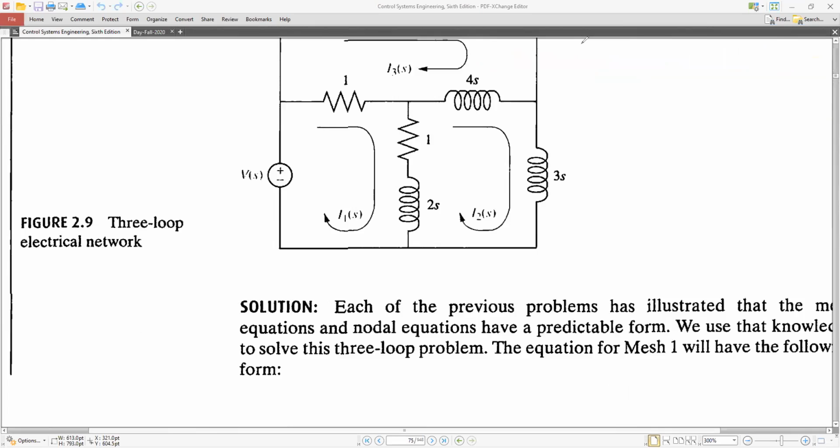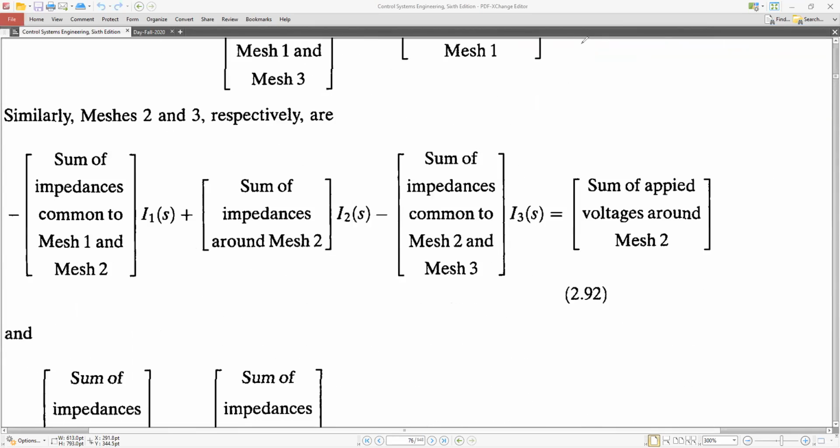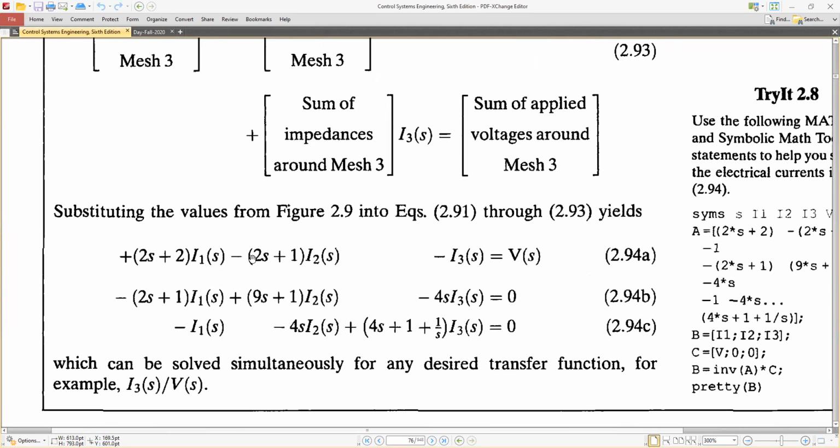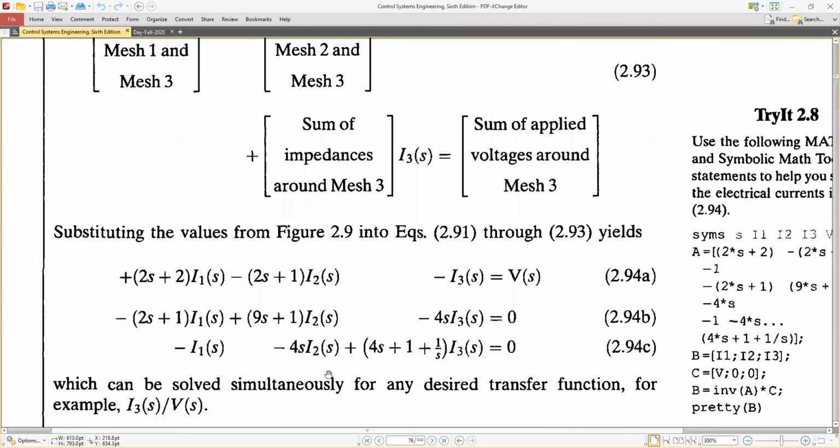In this manner, they have written the equations. That is our first equation, then that is our second equation, that is our third equation. Just write the equations and do not solve.